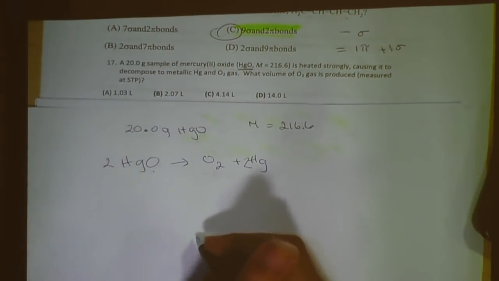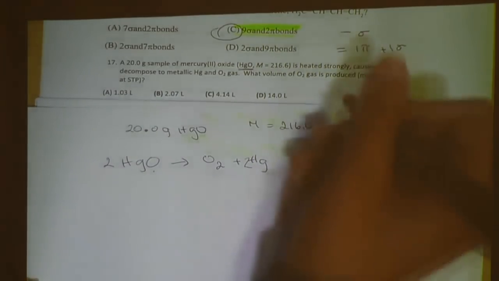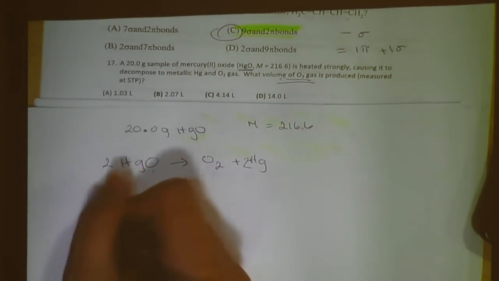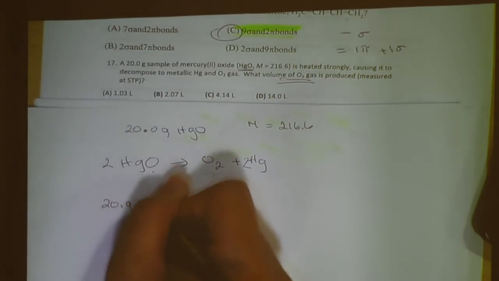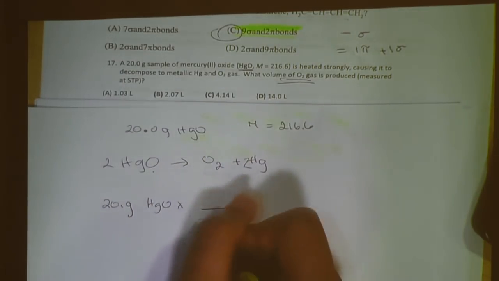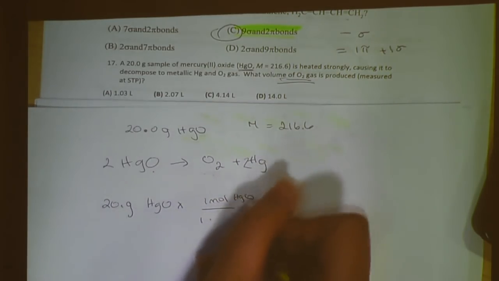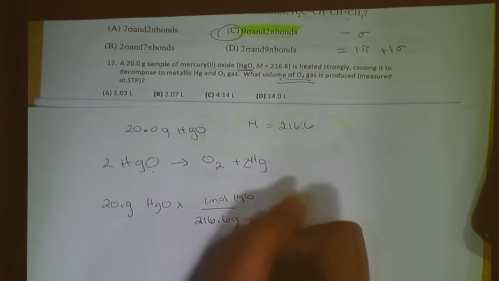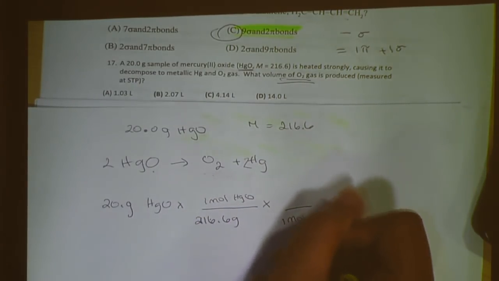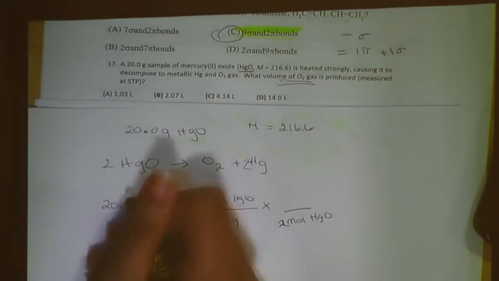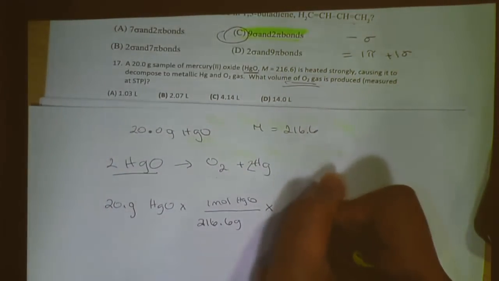So you have 20 grams, and you want to figure out the volume of O2 gas. The first step is to find the moles of O2 gas. To figure that out, you convert the 20 grams to moles: 1 mole HgO has 216.6 grams. 2 moles HgO, according to my formula, has 1 mole O2.